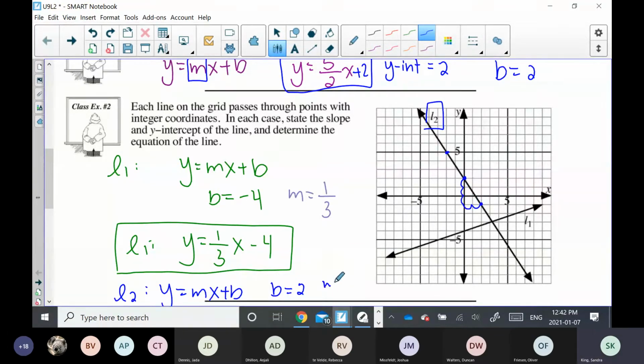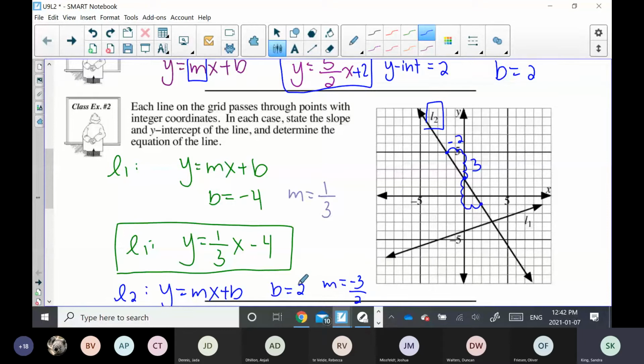So let's see if that's correct. Fall of 3, run of 2. From here to here, I'm going up 3 to the left 2. So it doesn't matter which direction you go in, because in both directions, you're going to have a negative 3/2.